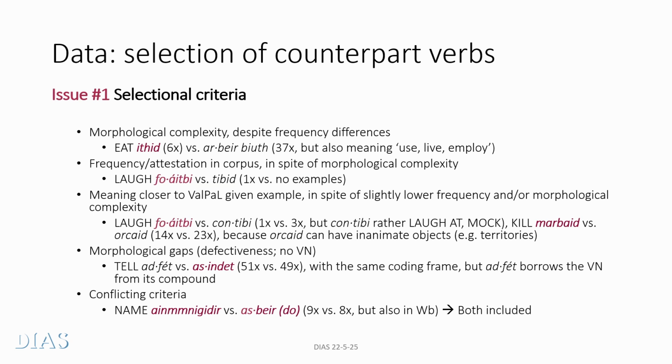And the example, which is from the Turin glosses, is also the closest to the meaning as in the Valpa database. Sometimes other criteria entered. For example, I selected one verb rather than another, because the other borrows its verbal noun. And sometimes there were conflicting criteria, so there was no decisive criterion, and so two counterparts were chosen, for example, for name, both the simple verb and asbeir do.